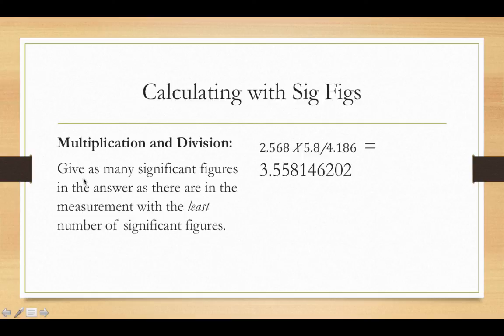So if I consider my rule, I want my answer to have the same number of significant figures as the measurement that had the least number. Well, this measurement has 4, this one has 2, and this one has 4. So I need my answer to have 2 sig figs. I'm going to round, and so to round to 2 sig figs, I'm going to get an answer of 3.6.